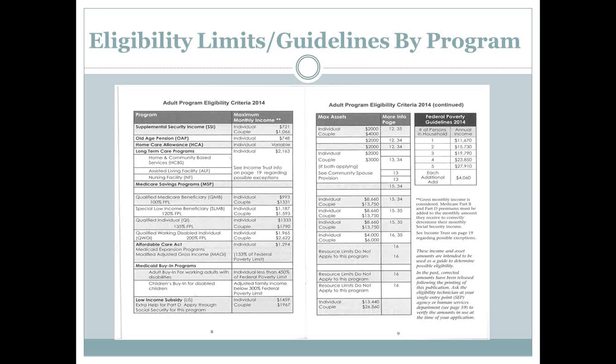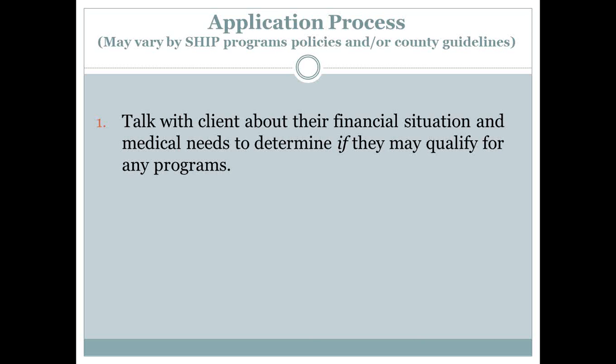We assist them with the application if that's something you do in your program, and then we pass that along to the Department of Human Services to make the final decision. But this is kind of a little cheat sheet to see if maybe some of your clients fall into these realms. The new part of this is there's a little list of the federal poverty guidelines for this year over on the right-hand side, so that puts a number attached to that FPL thing when we refer to it.